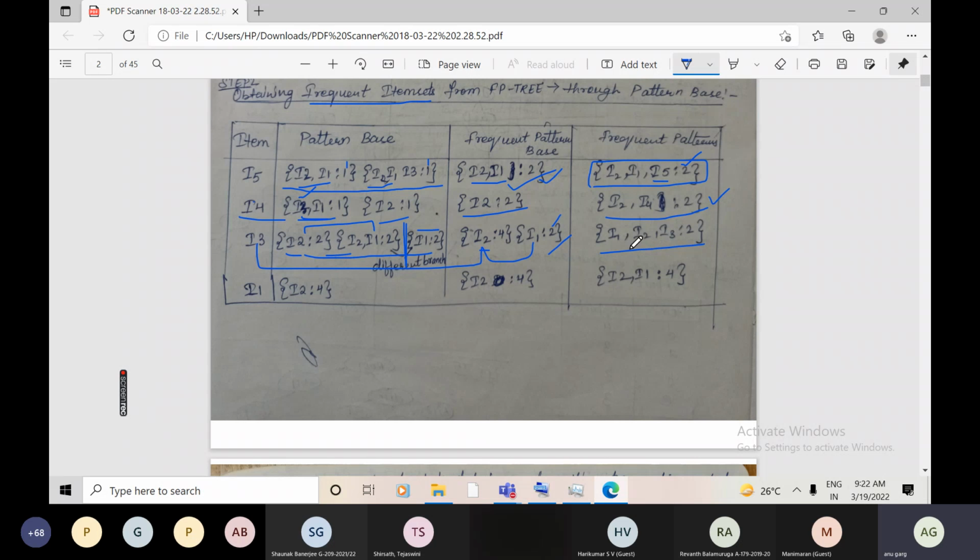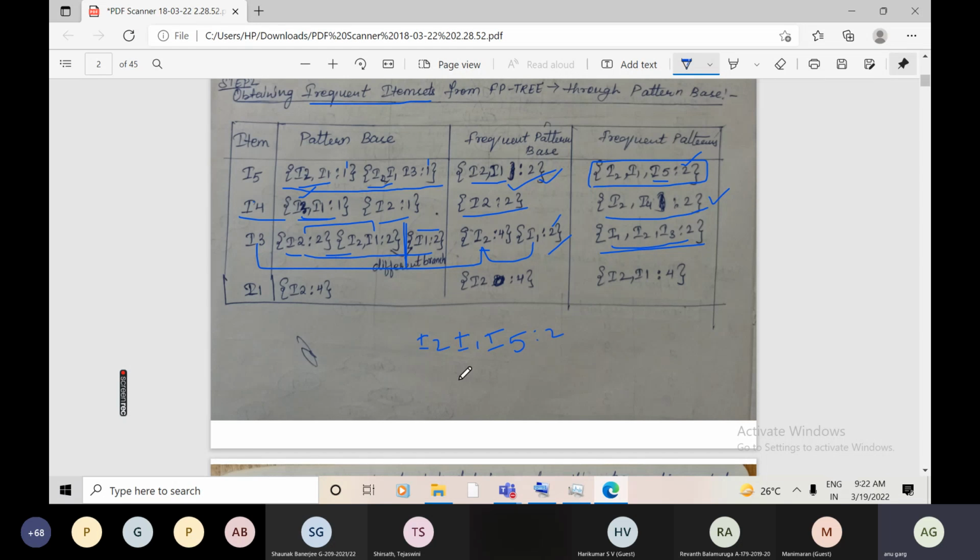What you need to do is write the subsets of this also. If you see I1, I2, I3, you can write the subsets for every step. So what I'm trying to say is, if you take the first one, the frequent pattern that we got is I2, I1, I5. So this is one pattern. Now all its subsets also will be frequent, right?